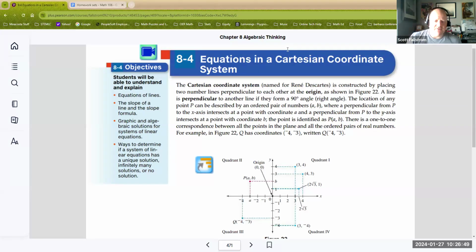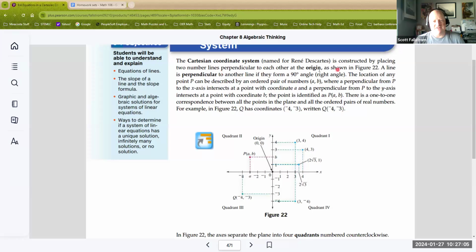So I'm not going to start as if you've never seen these things before. All of you have at some point in time or the other. I'll try to highlight a few pieces, but again, some of it may just be a bit of review that you need to dust off. When we talk about things in a Cartesian coordinate system, it's named after a particular mathematician. You could also call this a rectangular coordinate system. A couple key pieces.